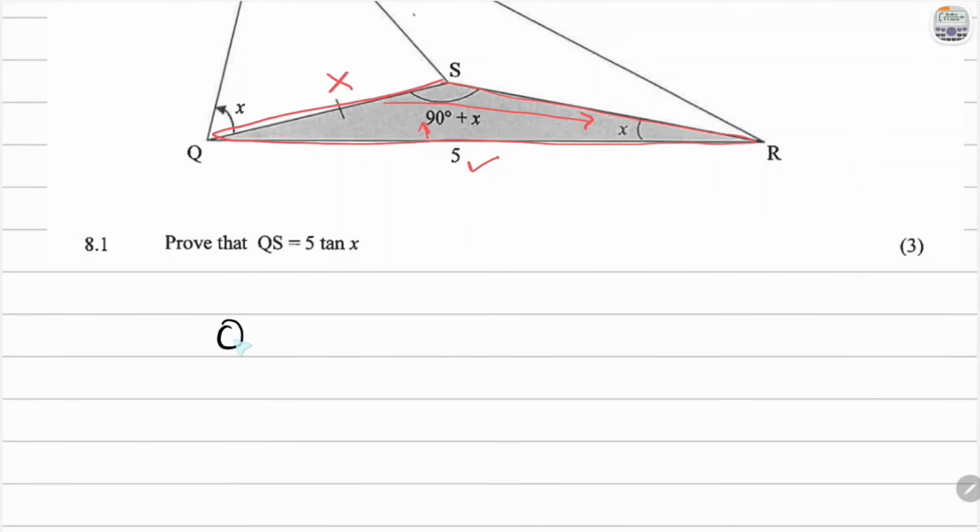We're saying QS over sine of the angle opposite it, which is that angle X, is equal to, and you have to follow the same order. If we said side over sine angle, we also need to say side, which is this 5, over sine of the angle. So that is sine of 90 degrees plus X.